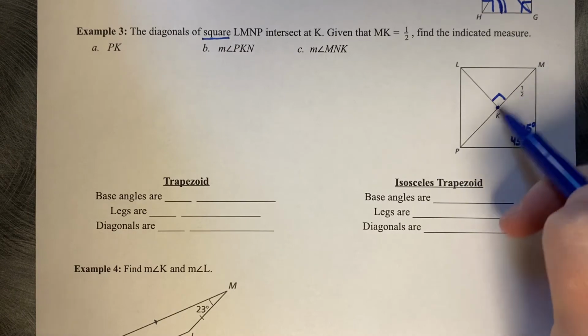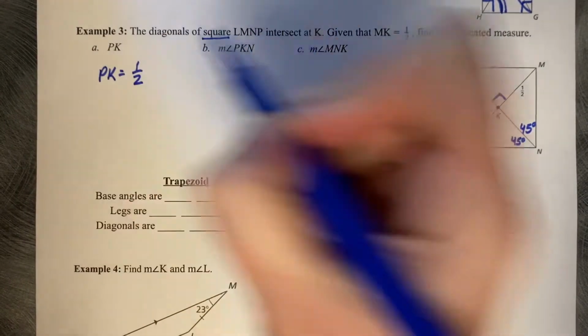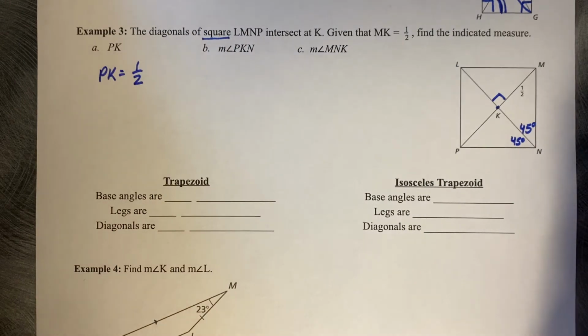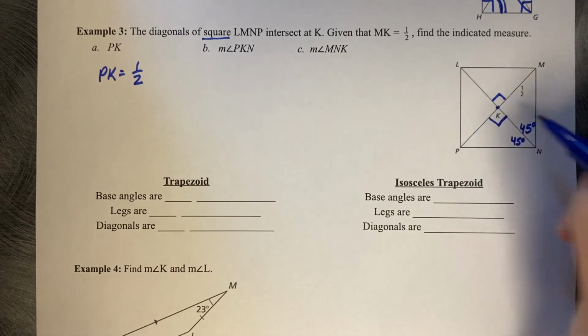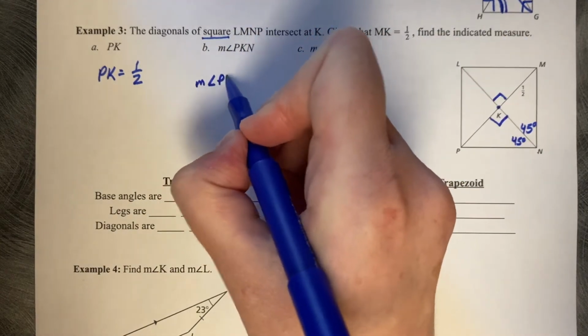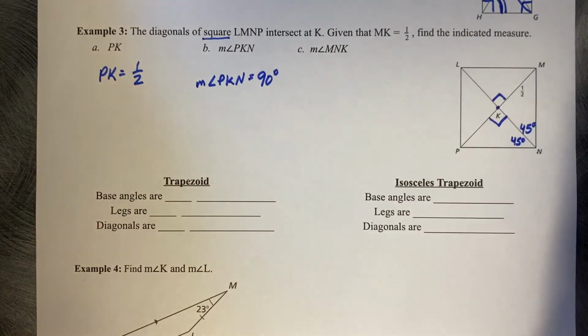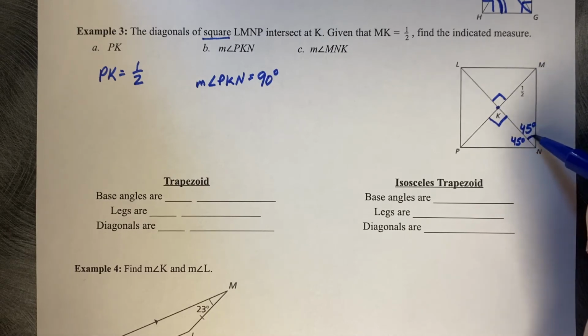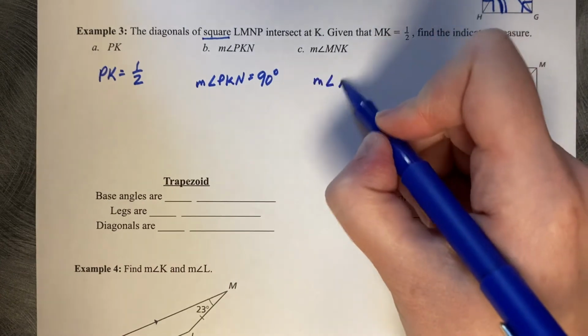PK, well, if this is 1/2, then PK must also be 1/2. PKN is our intersection, and remember rhombus or square, they intersect at 90 degrees, so the measure of PKN is 90 degrees. And then those little chunks are each half of 90, so each of those is 45.